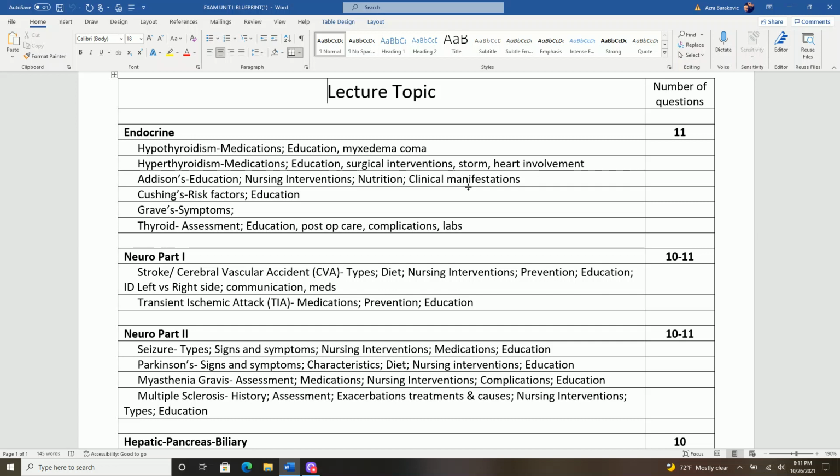Because those are super specific to each ailment, and so you may or may not be tested on that. So make sure you know those.